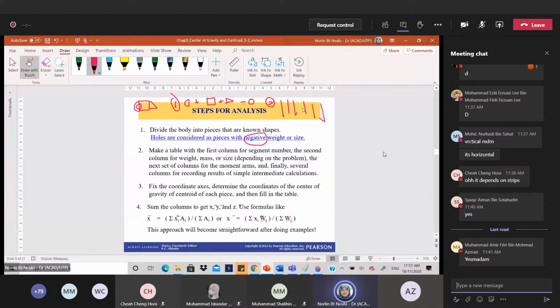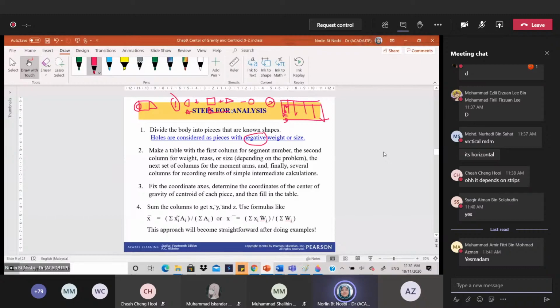The first column is for the segment number. So you can write it as A, B, C, D, like this one. You name it A, B, C, and D.